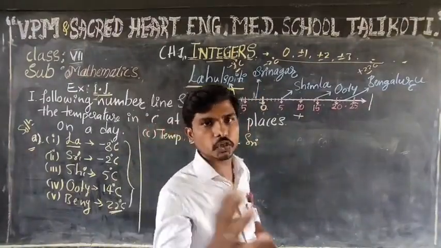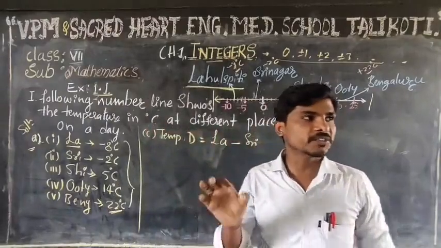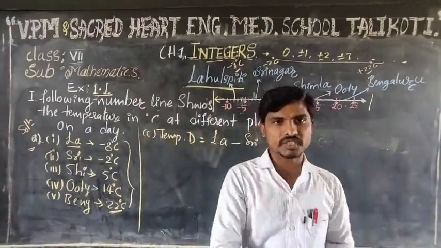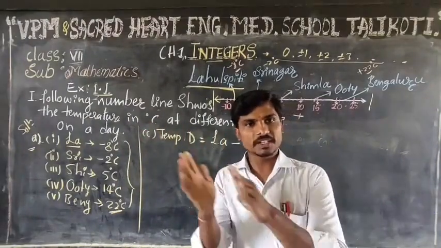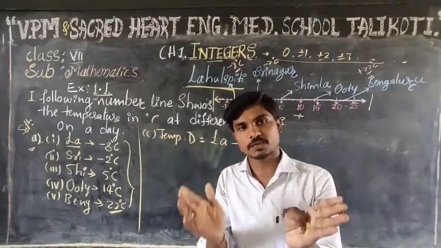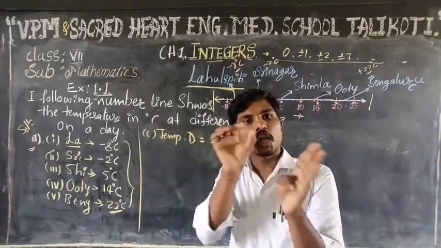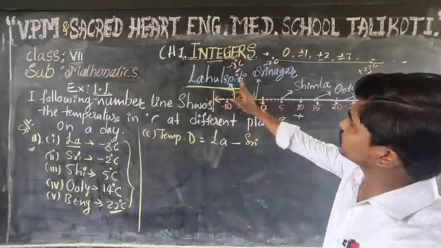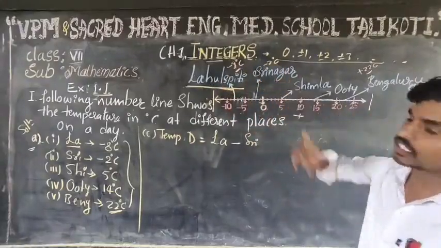Yes, students, you know that to find the difference between two integers, we just subtract the small number from the large number. Now, which is the larger one, Lahaul Spiti or Srinagar?